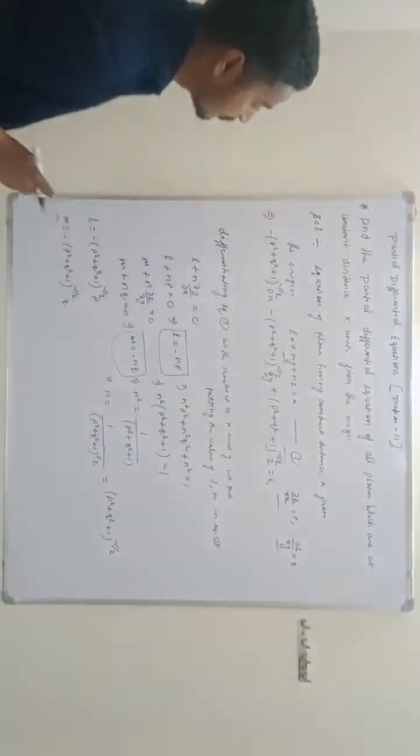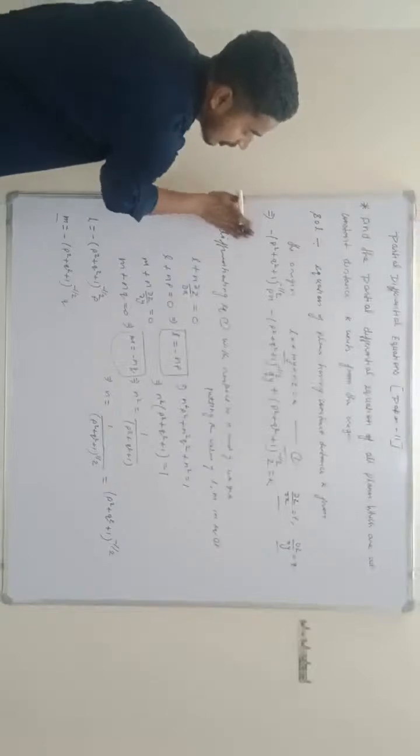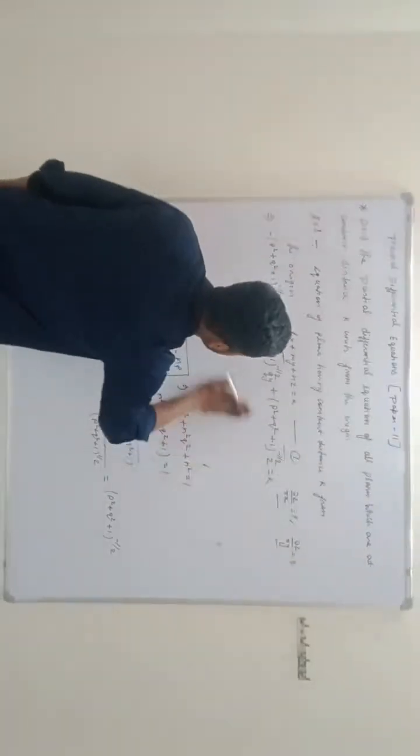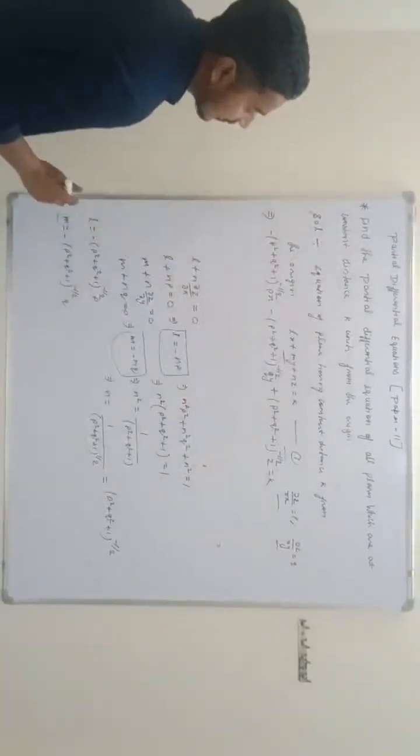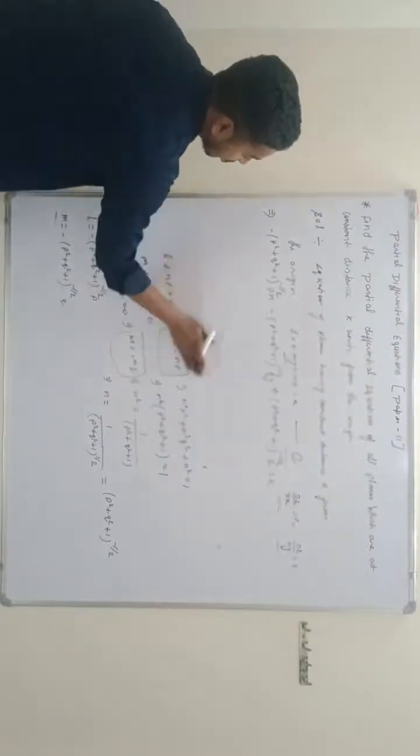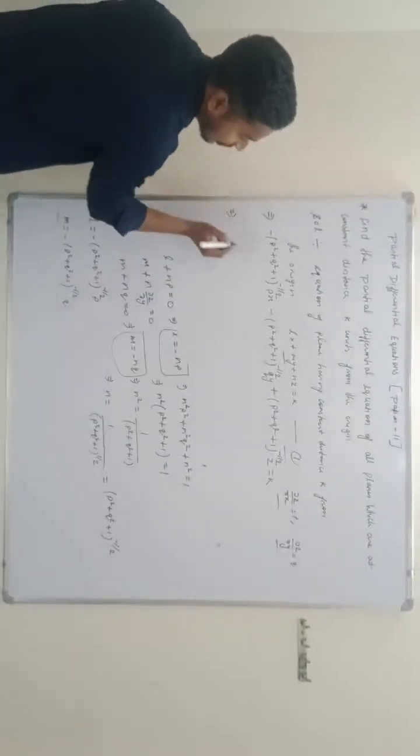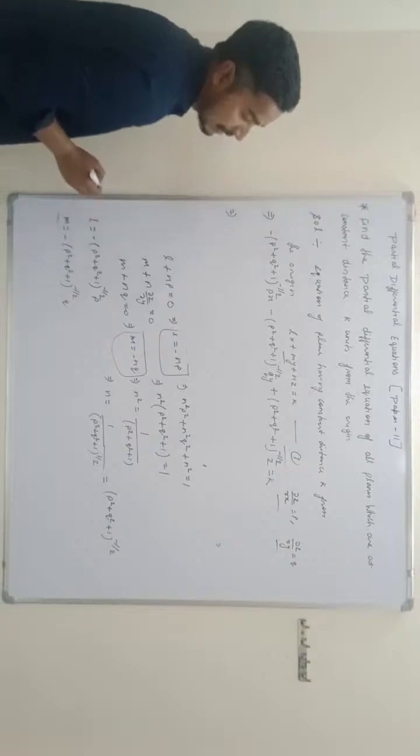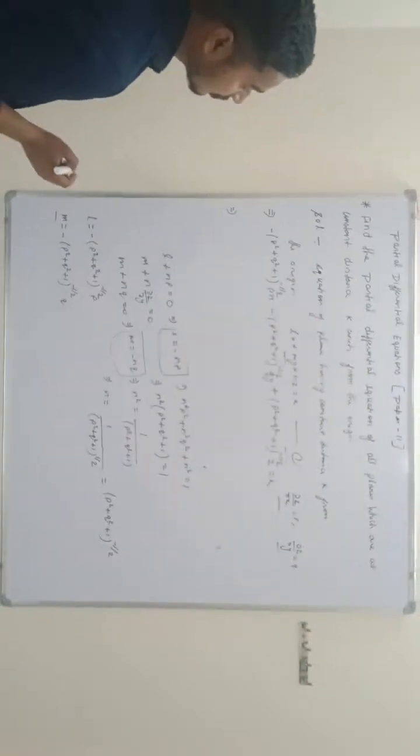And further we have to simplify, and we get the required partial differential equation. Once again, first we have to multiply by minus on both sides.